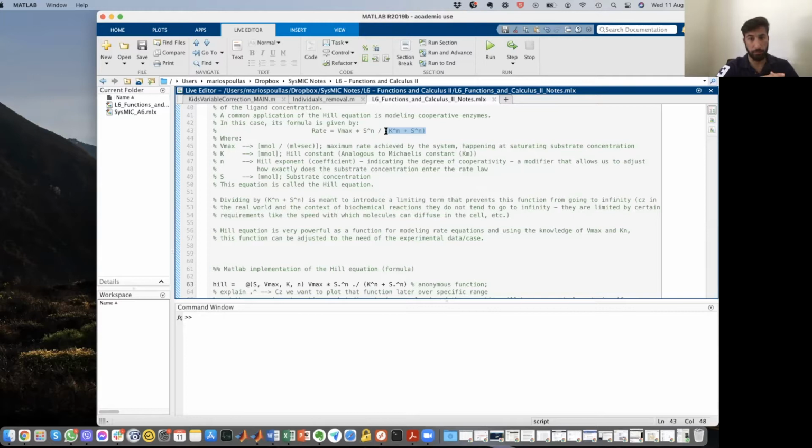They are limited by certain requirements, like the speed with which molecules can diffuse in a cell. That's the reason we are using this part of the equation, in order to prevent the function from going to infinity.